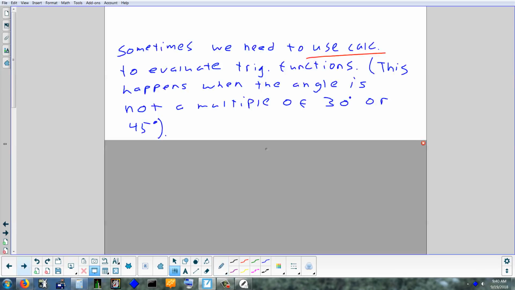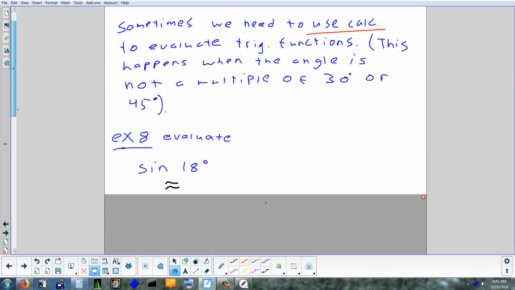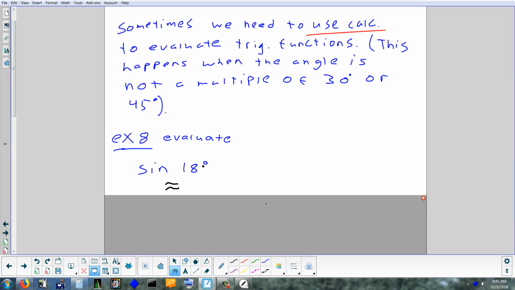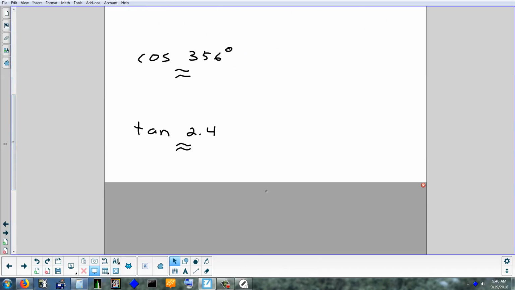Okay, so if you're working with an angle that's not a multiple of 30, it's not a multiple of 45, we don't have a way to sketch that on the circle and find a coordinate. So basically you just use a calculator. So if you're using a calculator, first thing you have to check when you look at the problem is it in degrees, like this one, or is it in radians, like that one?